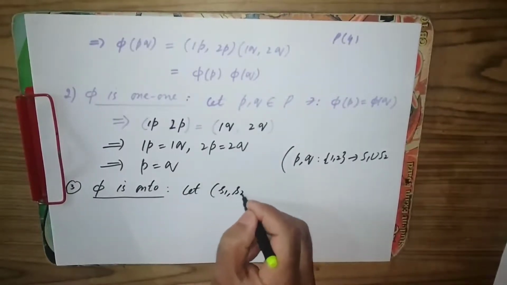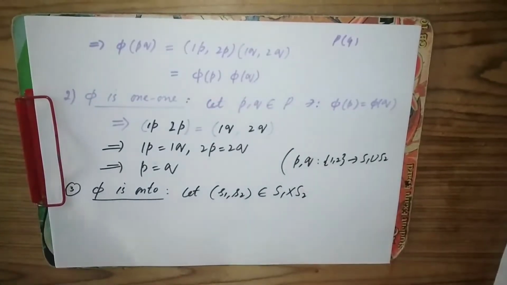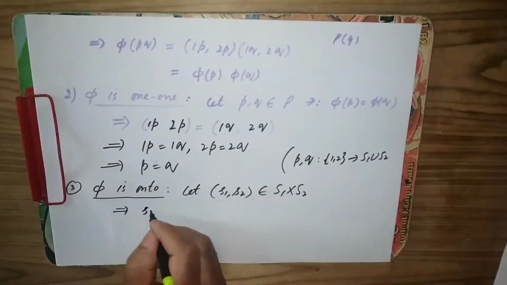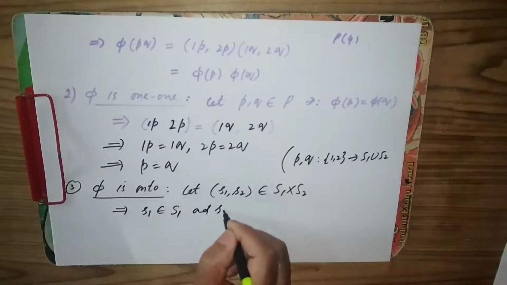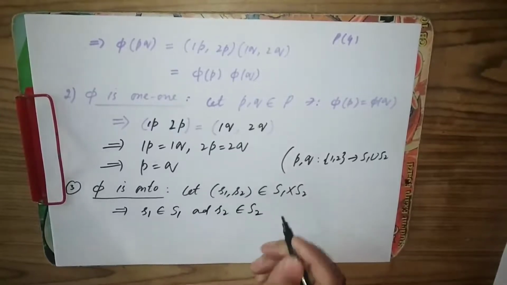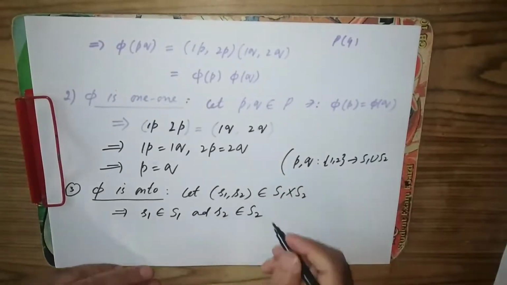So let's choose any element in the product S1 cross S2. Let (s1, s2) belong to S1 cross S2. Then this implies s1 belongs to S1 and s2 belongs to S2. Now I can always choose a map from the index set.